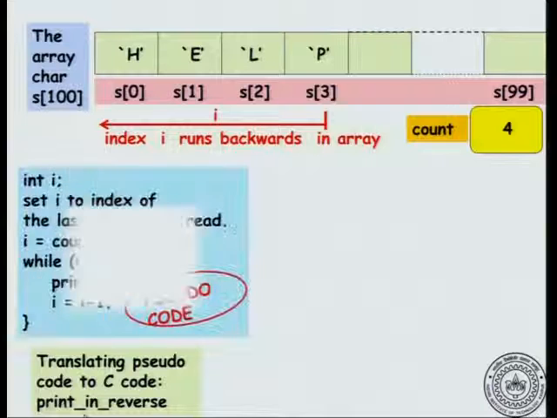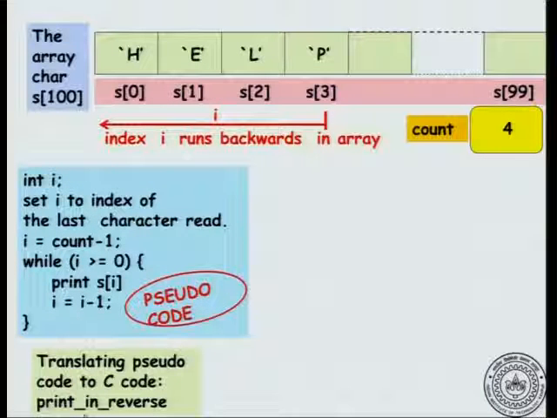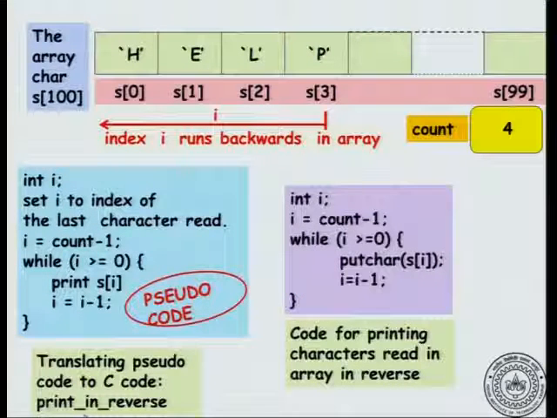Okay. So this is the array that we were doing, and here is the code for printing the characters in reverse. Here is the pseudo code where we said print S of I. Instead of that, in C we have a particular function which will print the character, which is putchar. Okay. So this is the dual function of getchar.